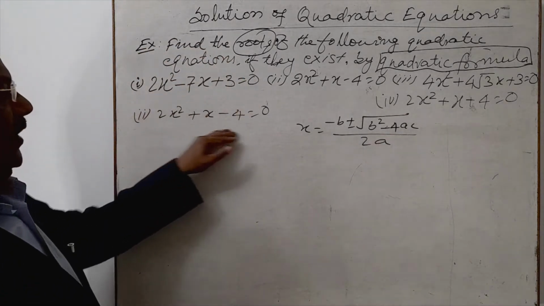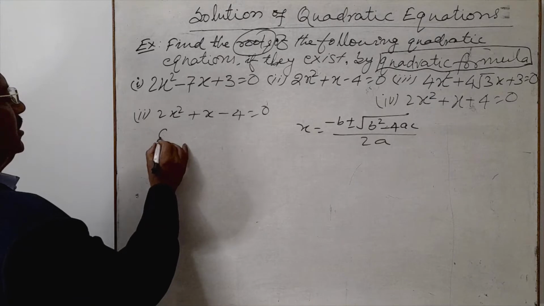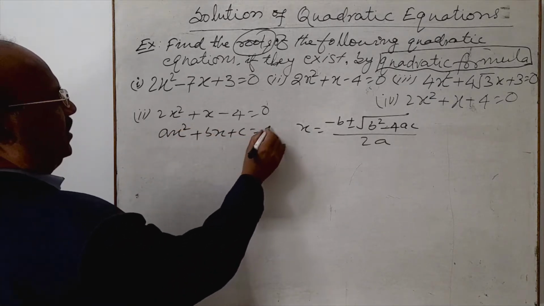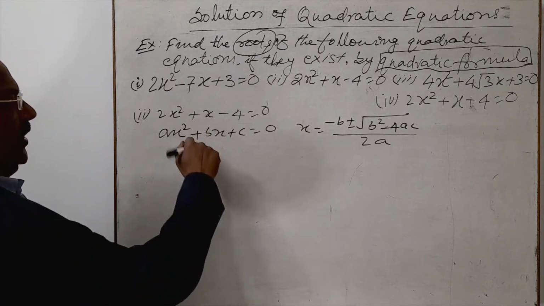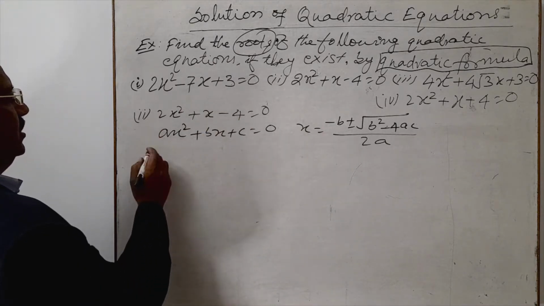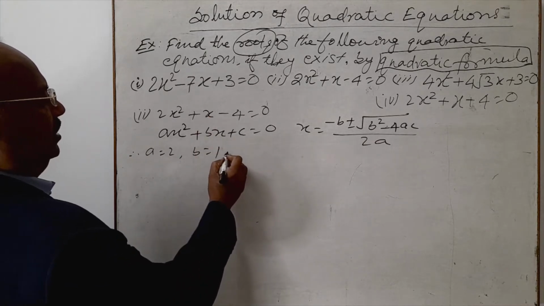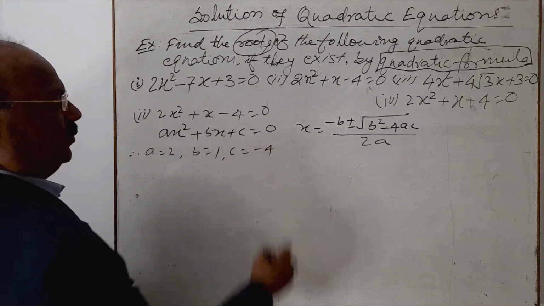And we will compare the given quadratic equation with the standard form ax square plus bx plus c is equal to 0. So by comparing these two equations, you are getting a is equal to 2, b is equal to 1 and c is equal to minus 4.